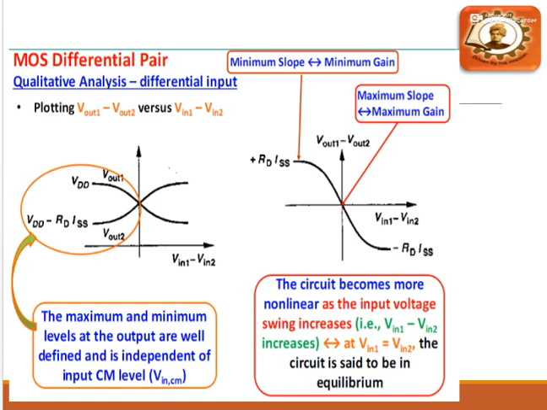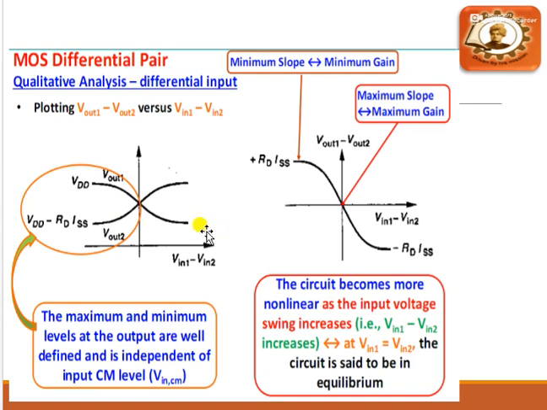Next we draw Vout1 minus Vout2 versus VIN1 minus VIN2. In the first figure we draw Vout1 and Vout2 with respect to the input voltage difference VIN1 minus VIN2.